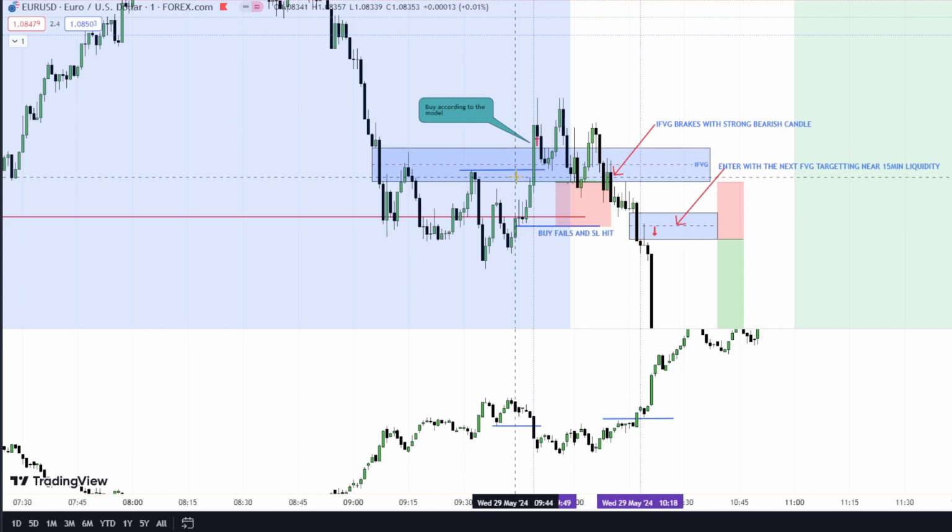So in these kinds of situations, we can take a trade at the first fair value gap after my SL hit, that is here, targeting external liquidity.